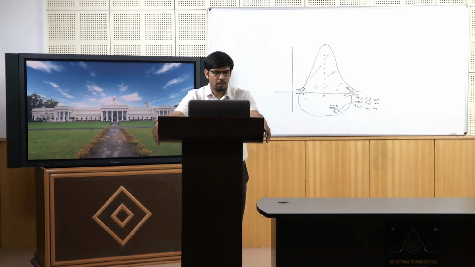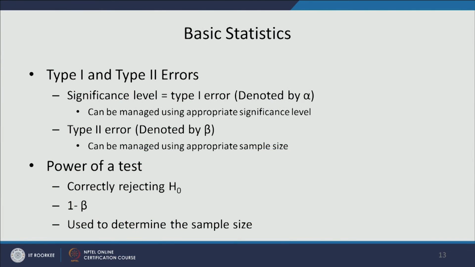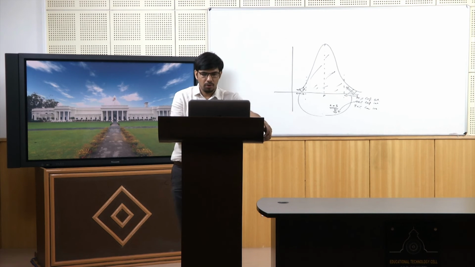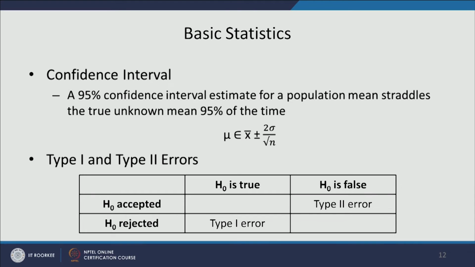Now, another point related to hypothesis testing is the power of a test. So, what is the power of a test? Power of a test is about correctly rejecting the null hypothesis. If you go back to the table that we had, and look at null hypothesis rejected in the second row, the only problem when the null hypothesis should actually be rejected and it is not, is the type 2 error.